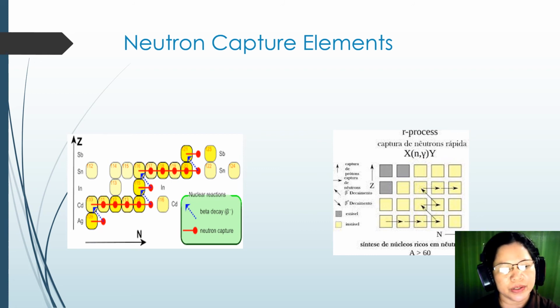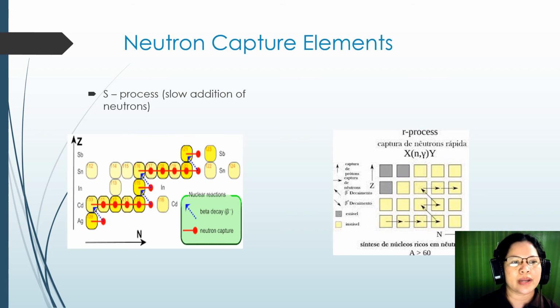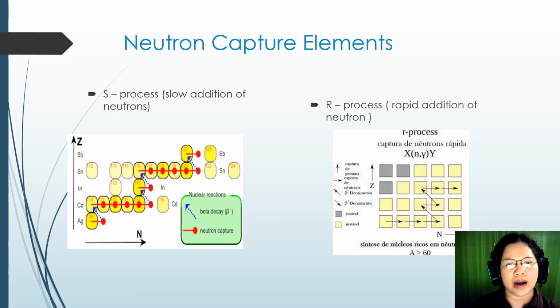These neutron capture elements follow two processes: the S process and the R process. The S process is the slow addition of neutrons, and the R process is the rapid addition of neutrons.